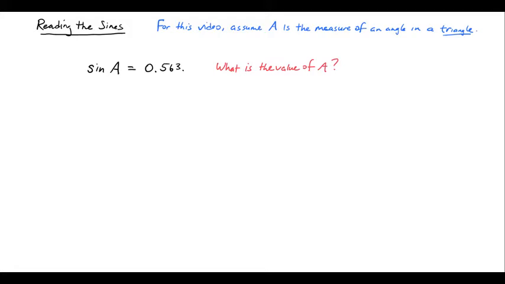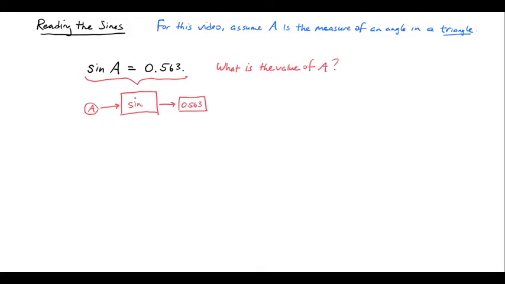Okay, so one thing I want to recall here, just as a way of reminding ourselves how we approach problems like this, is this sentence here, that the sine of A is 0.563, we can interpret this in terms of function machines. So we have this function machine called sine, and we feed an angle measure, A, into the machine, and out comes the number 0.563.